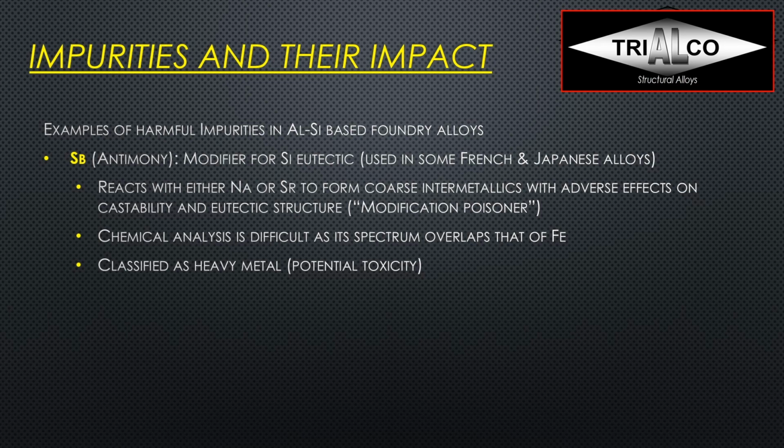It reacts with sodium and strontium to form intermetallics with adverse effects on castability and eutectic structure, so it's actually what we call a modification poisoner. Chemical analysis is pretty difficult because its spectrum overlaps that of iron, so if we have a spectrometer and we want to analyze for it, we might often not even see it. It's also classified as a heavy metal with potential toxicity.